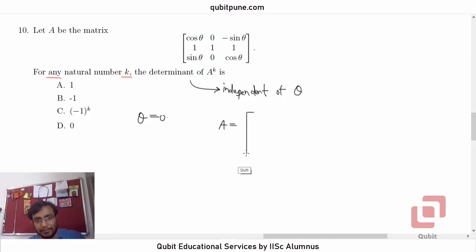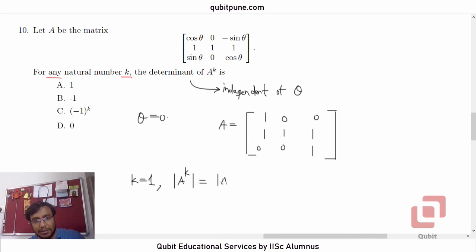So what will A be? Rows cos theta, 0, negative sin theta; 1, 1, 1; sin theta, 0, cos theta, which becomes 1, 0, 0; 1, 1, 1; 0, 0, 1. Now suppose k is equal to 1, then what will be the value of the determinant of A raised to k? It is essentially the determinant of A itself, right? So what is the determinant of A now?